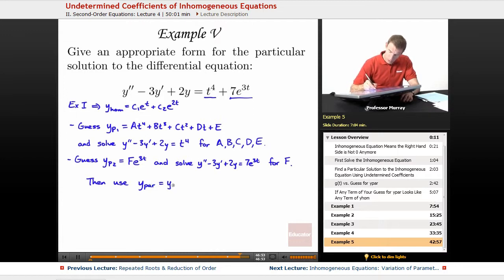So yp1 plus yp2, or once we'd found those coefficients, a t to the fourth plus b t cubed plus c t squared plus d t plus e plus f e to the 3t.